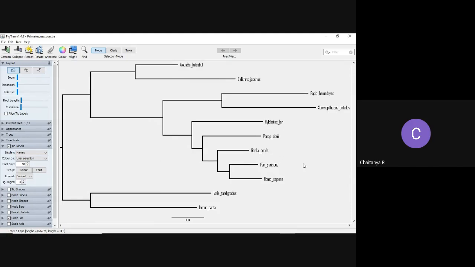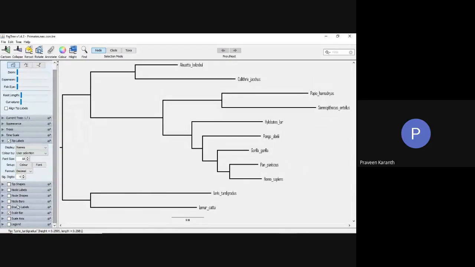Right? Now, let's get to the posterior probability values. Chaitanya, I'm sorry if I can just interject for a minute. This also drives home the point of rooting. You see, the program a priori has no clue which is the outgroup. So probably what MrBayes has done is taken the first taxon in your alignment, and I think Gorilla is the first taxon in this alignment.